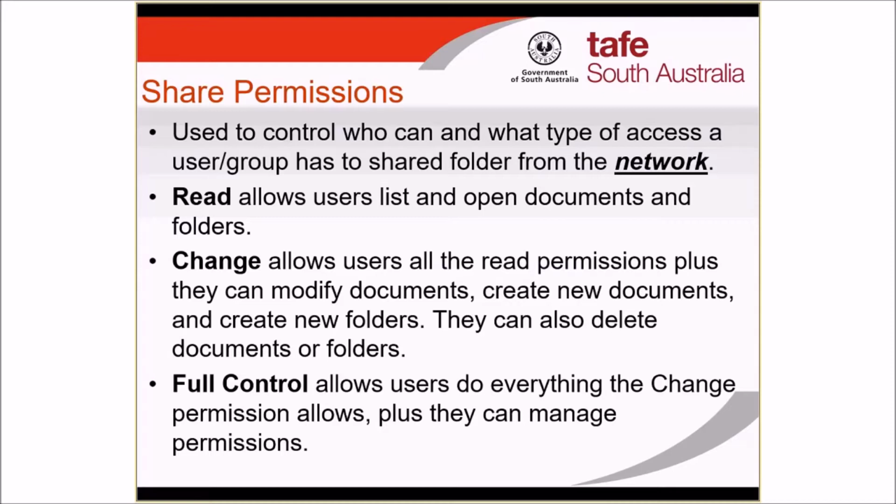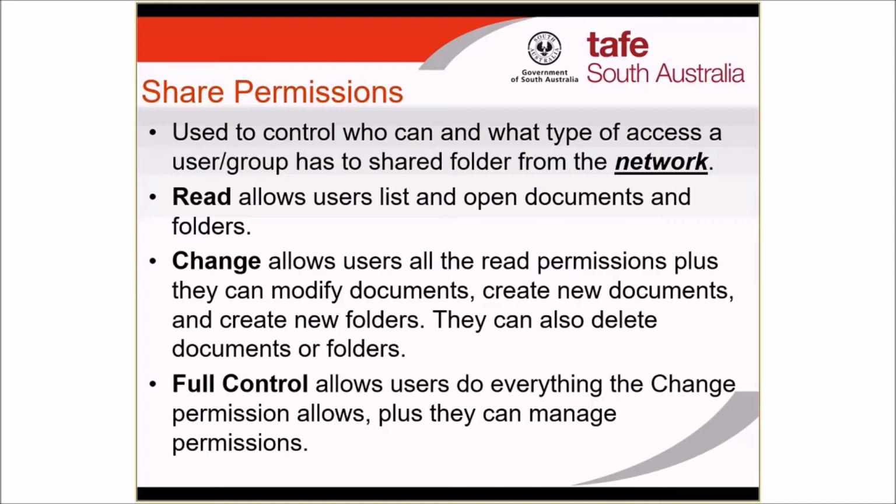What are some of these shared permissions? They're pretty basic. The first is read. What does that mean? That means someone can read the files, copy the files, and execute the files if they're executable files.